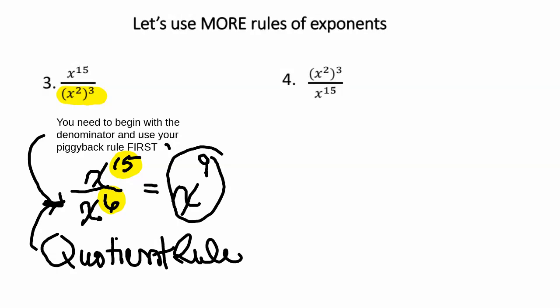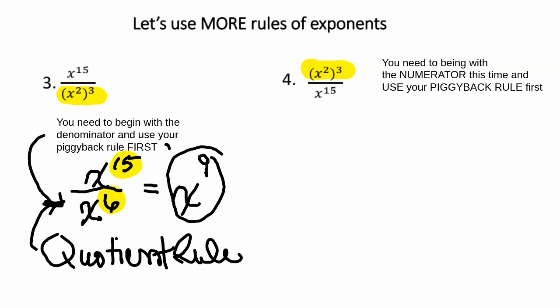Well, number 4, notice how that I just flipped it. I have to do this first. You need to begin with the numerator this time and use your piggyback rule first.